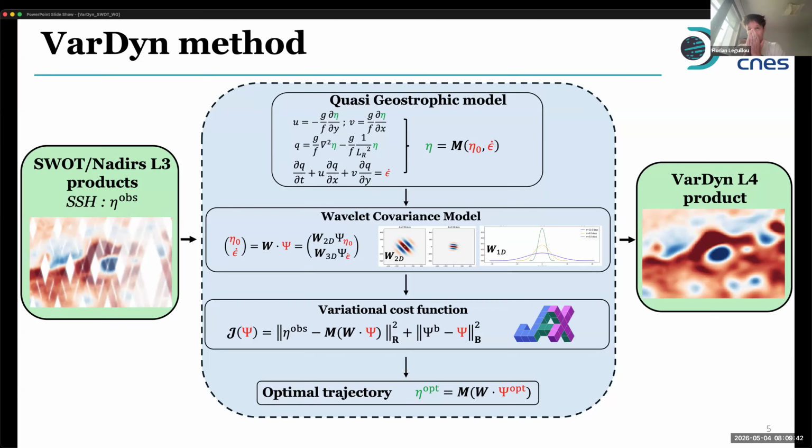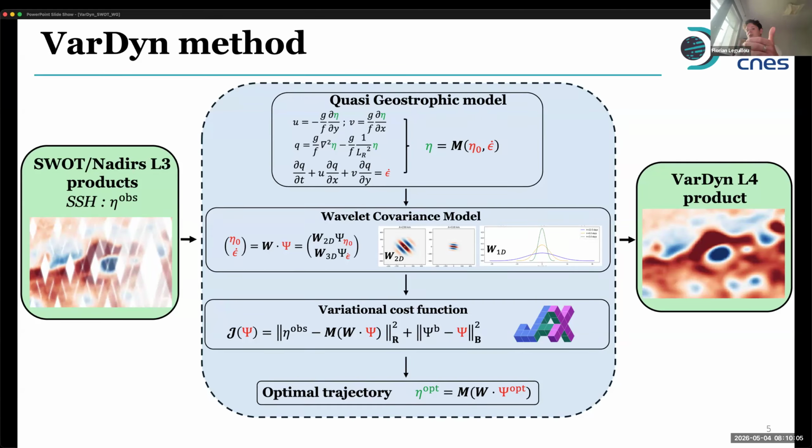strategy as MIOS. We really use the same kind of reduced space, wavelets that have decorrelation times. Basically, the large scales have longer time scales, and the small scales have smaller time scales.